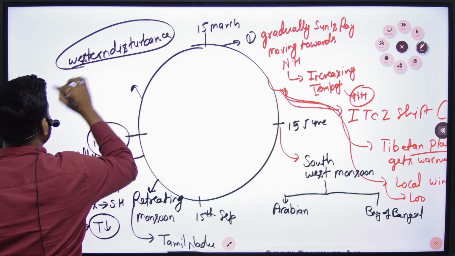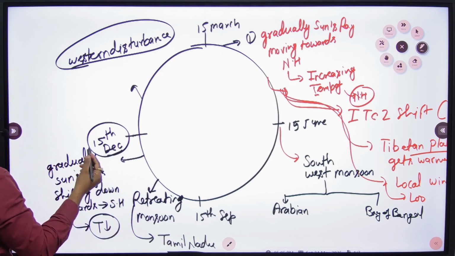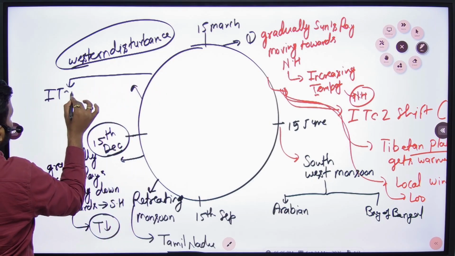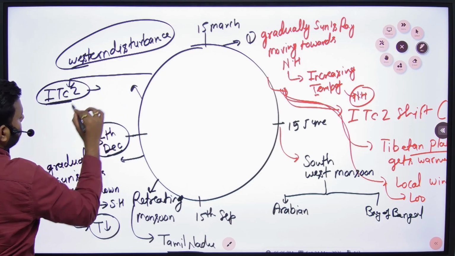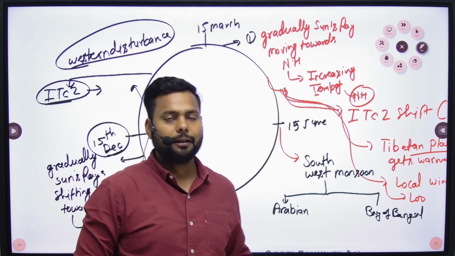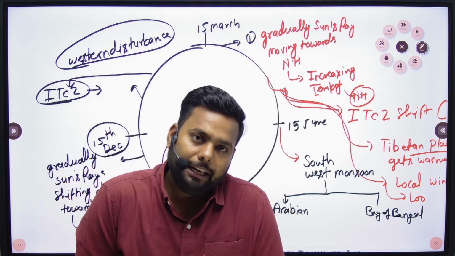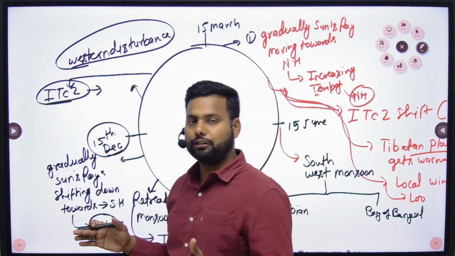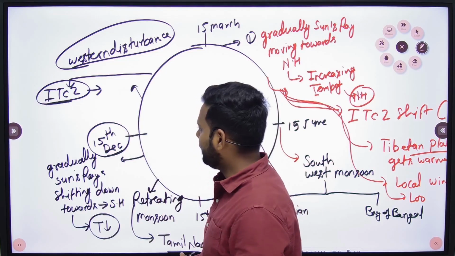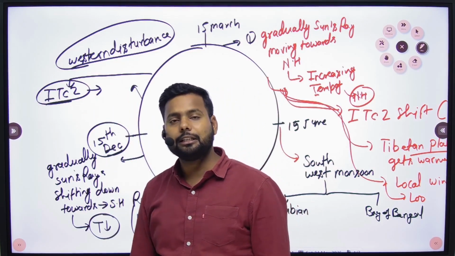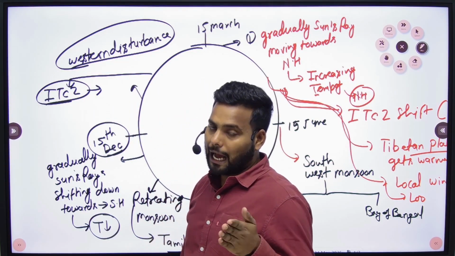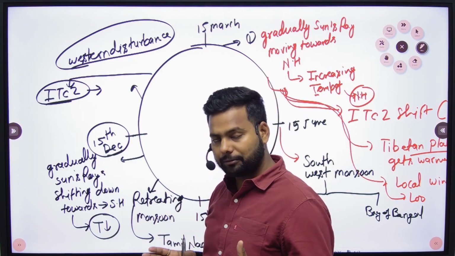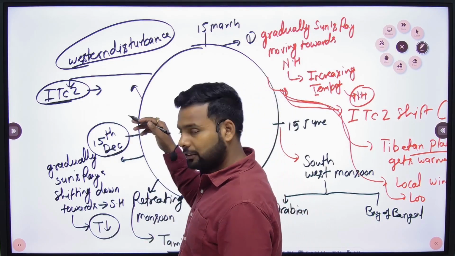So why has the western disturbance been created? Because UP-PCS is totally shifted towards the southern hemisphere, and the ideal position of the northern trade winds shifts between 30° north towards 0°, and UP-PCS shifts towards the southern hemisphere, because after 22nd December, or you can say during 22nd December, there is summer in the southern hemisphere.